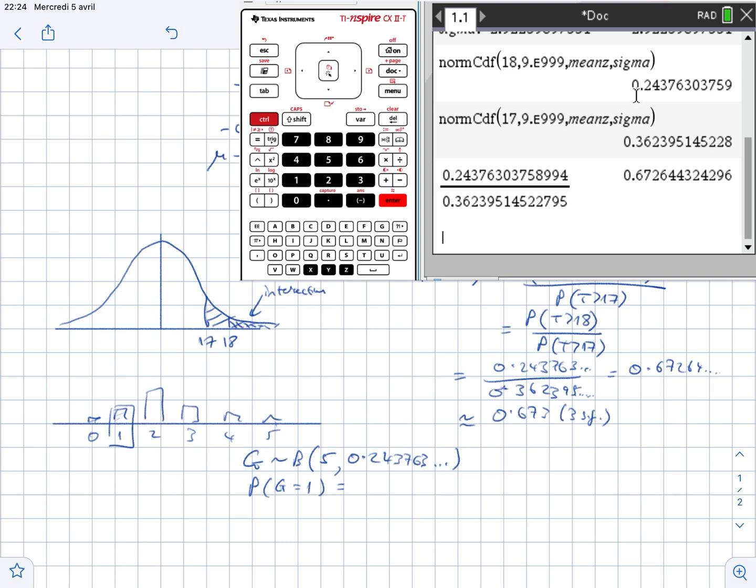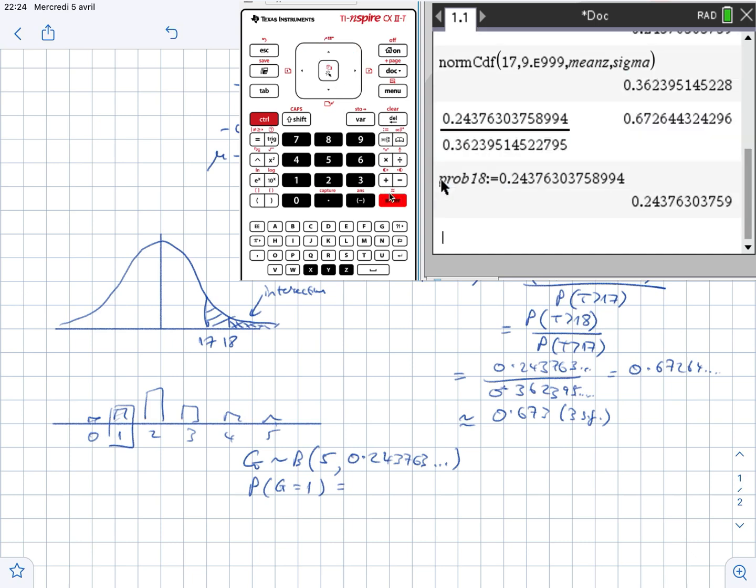So I want this probability here. Let's do probability 18, so I know what it is. Control colon equals, and now go and take this value, which is what we want for that one. That's set up as a variable, and so now I can use it in my binomial distribution calculation.